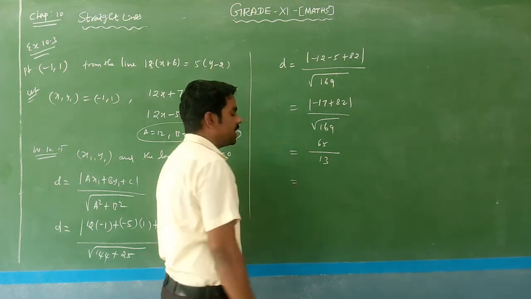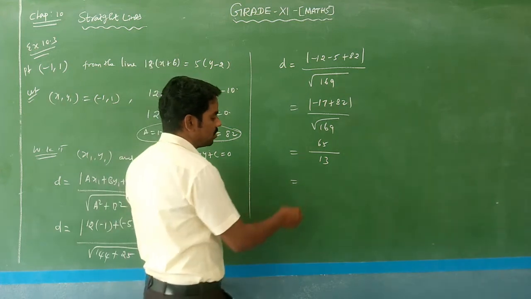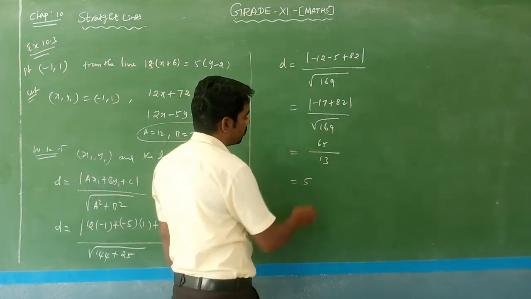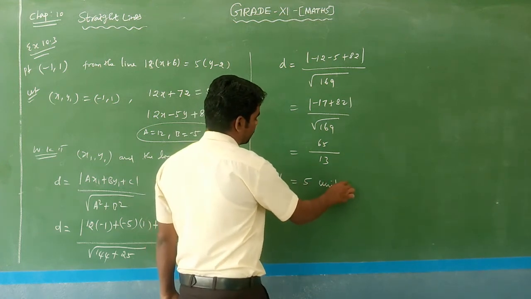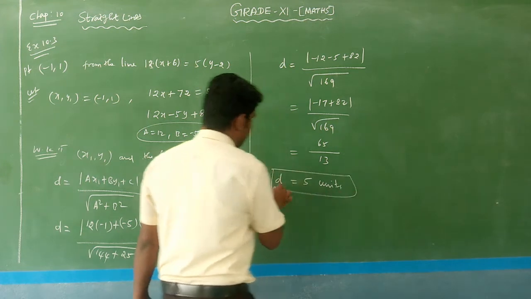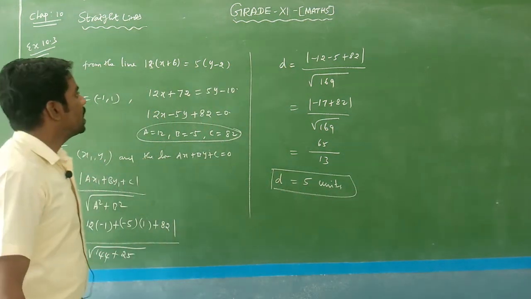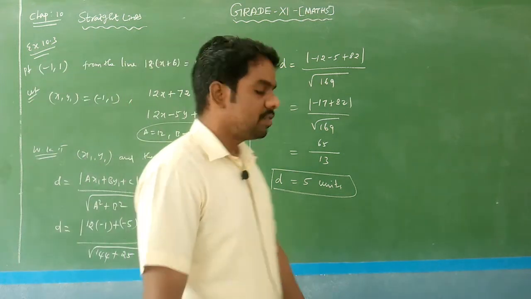So 65 divided by 13 is 5, because 5 times 13 is 65. So the required distance is 5 units. Therefore, the distance between the point (-1, 1) and the line 12(x + 6) = 5(y - 2) is 5 units.